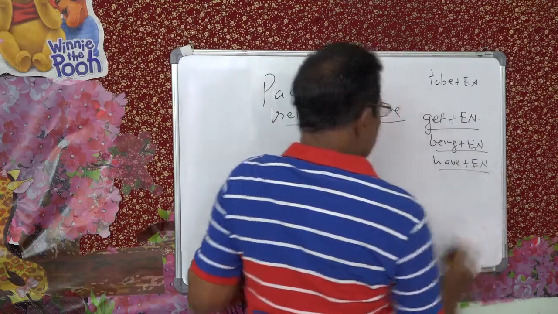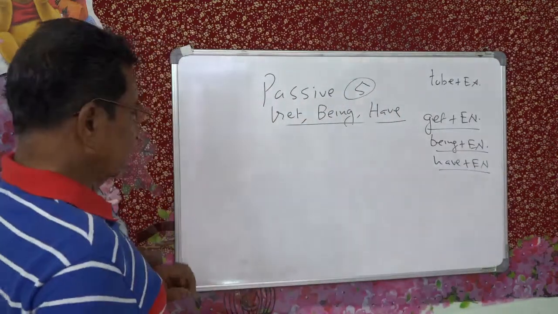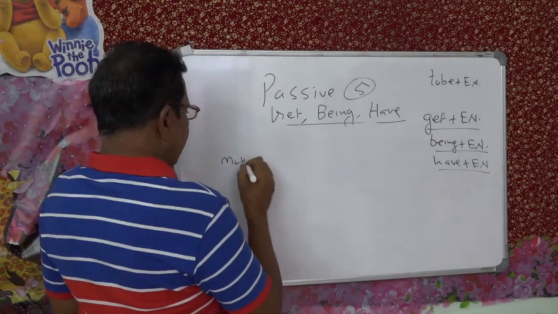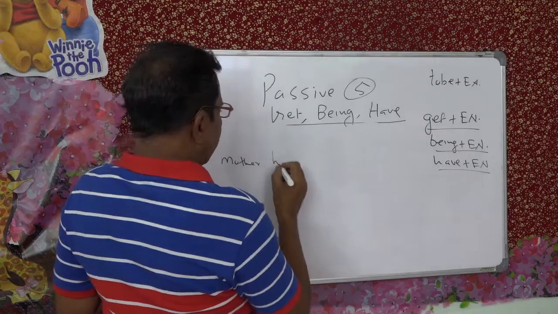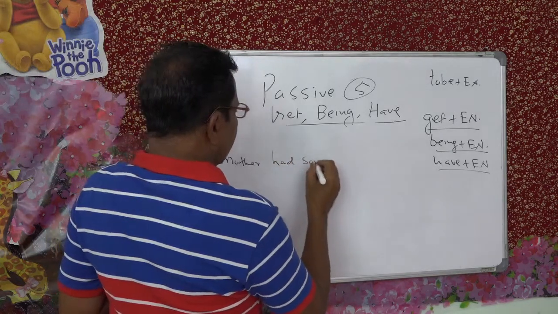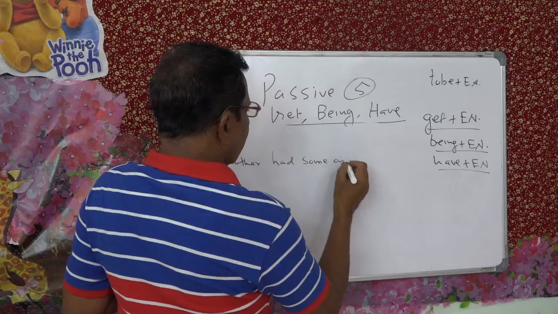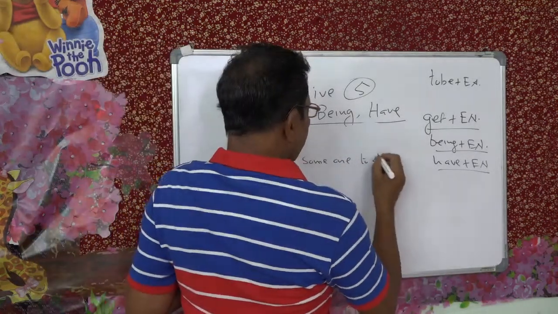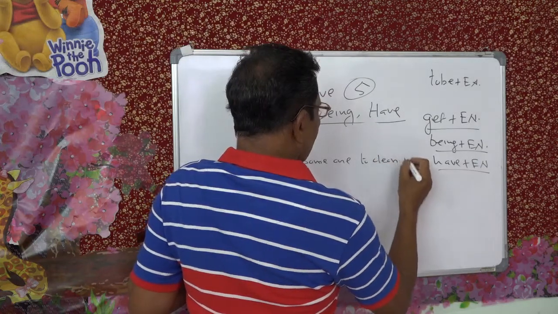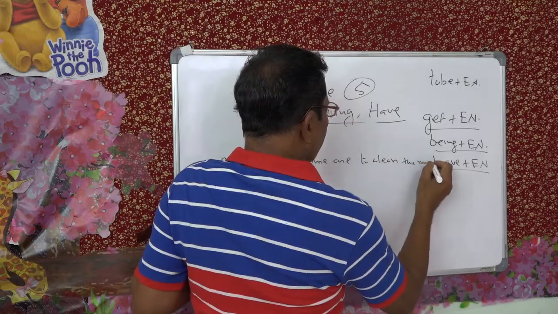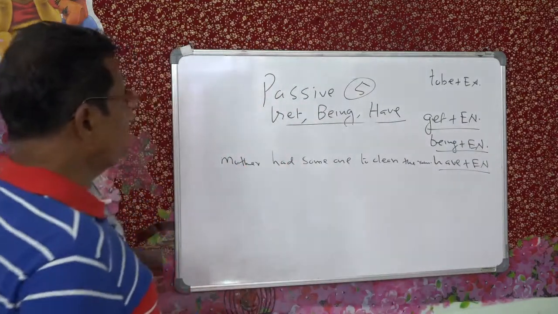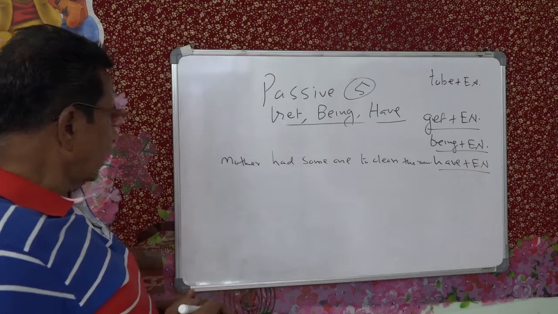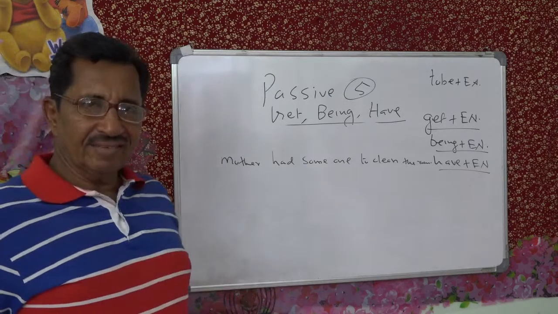You can see here, mother had someone to clean the room. Mother had someone to clean the room. Now this can be: mother had the room cleaned.